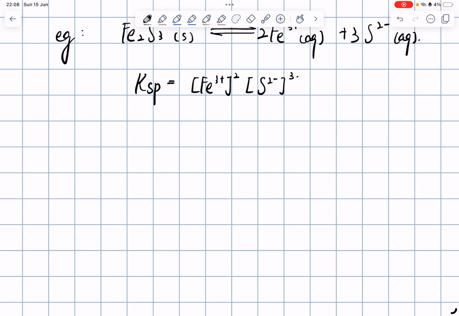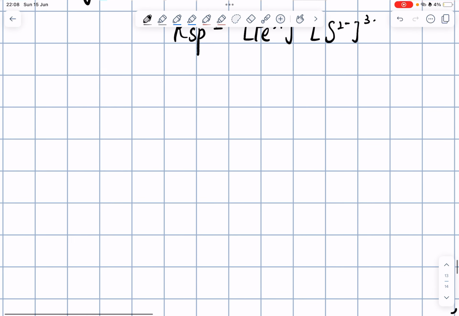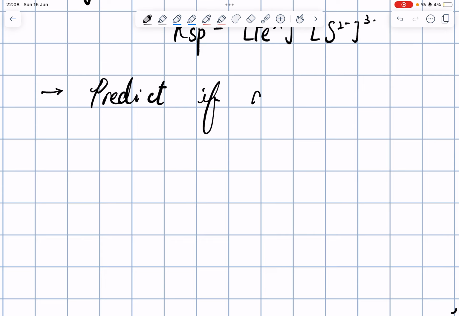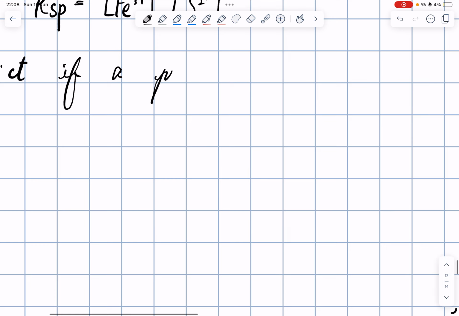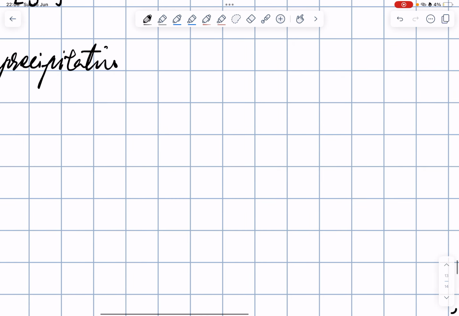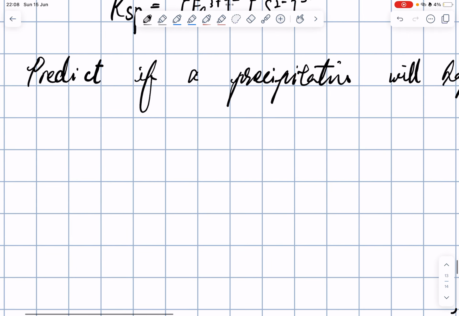Okay, then we are talking about how we can use Ksp. First, we can predict if a precipitation will happen. For example, that's just easy.